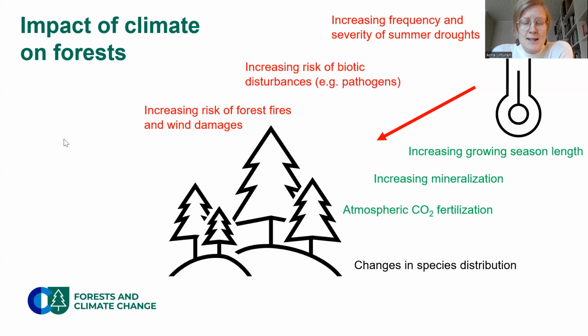Many species need to move towards the north when the temperature is increasing. And then there are changes in the competitive setting between species. Some species suffer more from global warming than other species, and this produces differences in their competitive setting.